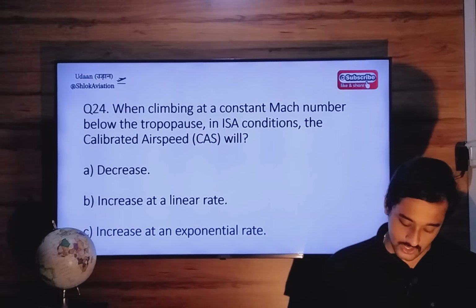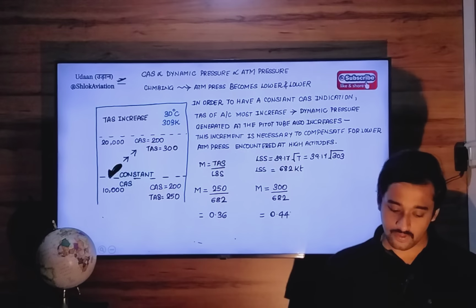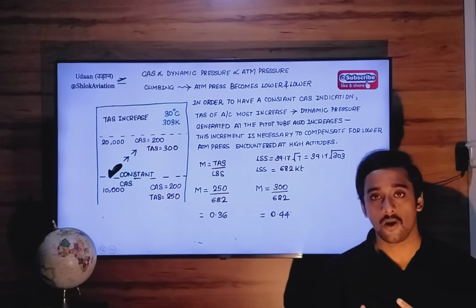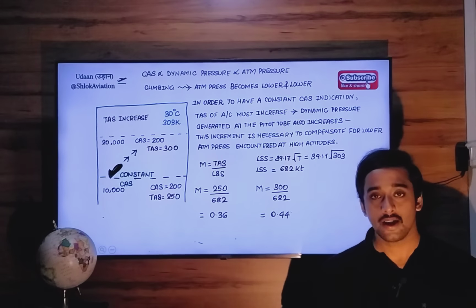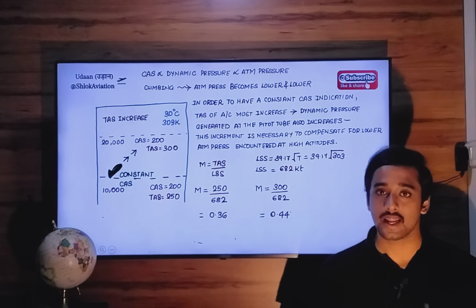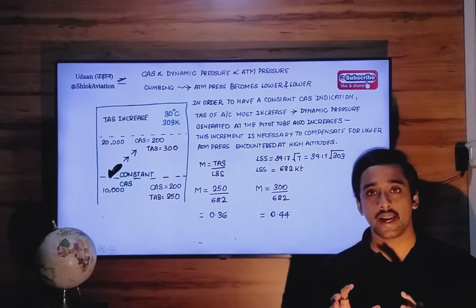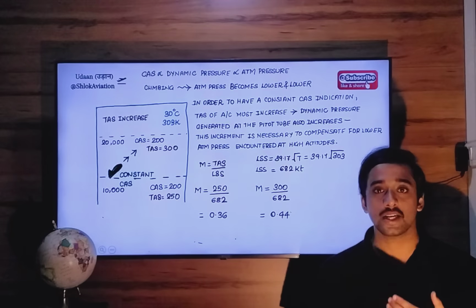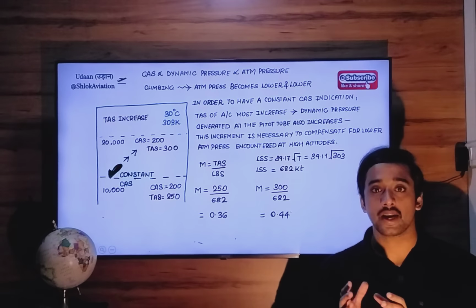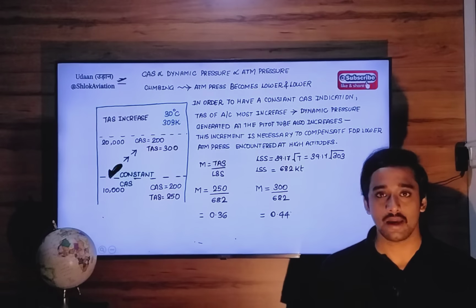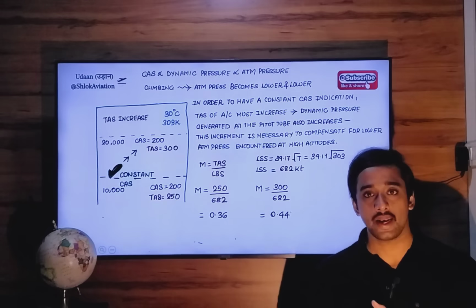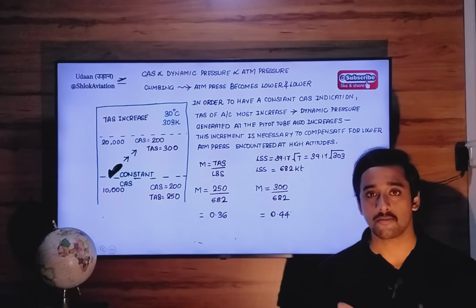Very simple question. The logic remains the same. Whether you are climbing in an isothermal layer, in an inversion layer, or in an ISA atmospheric layer, when you climb to higher and higher altitudes, your atmospheric pressure decreases. Calibrated airspeed indication is nothing but your indicated airspeed indication corrected for position error. This indication by your airspeed indicator depends on dynamic pressure.